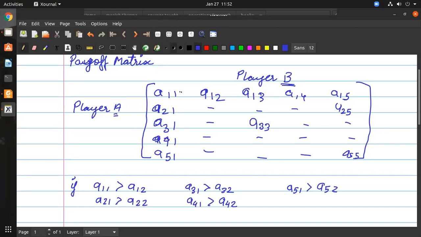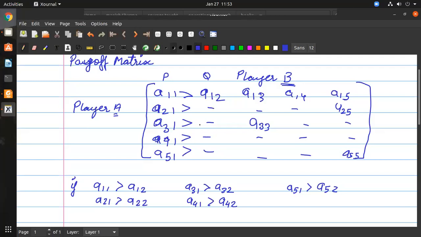What does this mean? This value is greater than this value, this is greater than this, and so on. This means that this column, can I name this as P and this as Q? This is the strategy name. So let us say that if I use strategy P, there are more chances of losing as compared to strategy Q. Is it or not? Since all the values here are greater than the values in this strategy.